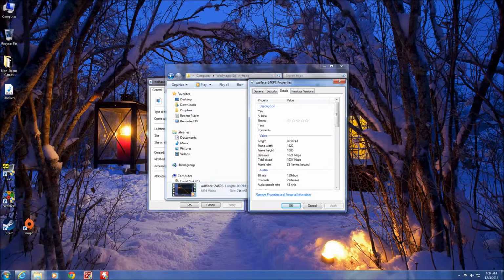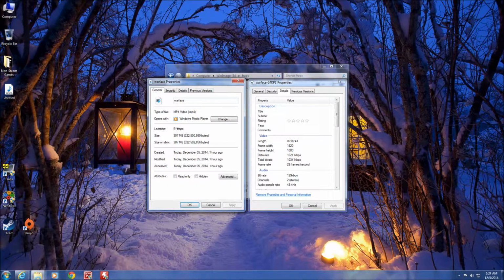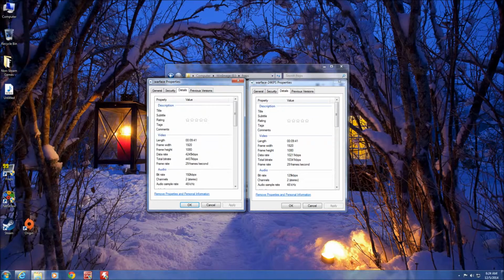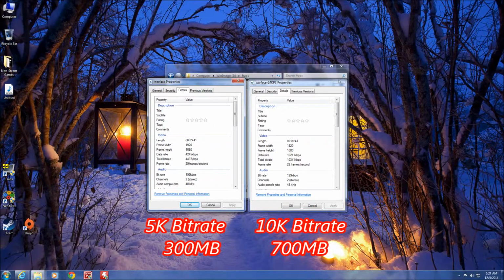And what you'll see here, and let me get these side by side, is when I look at the details, same time span, same resolution, same frames per second. But this video was encoded in a true HD format, and it's 10,211 kilobits per second, basically twice as much.